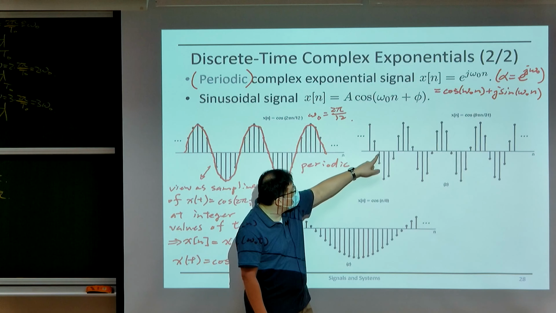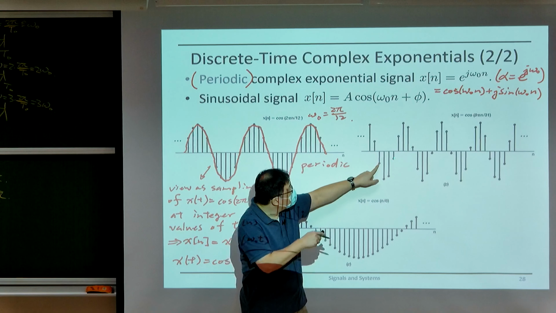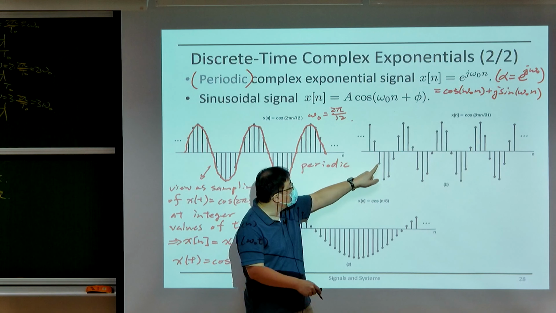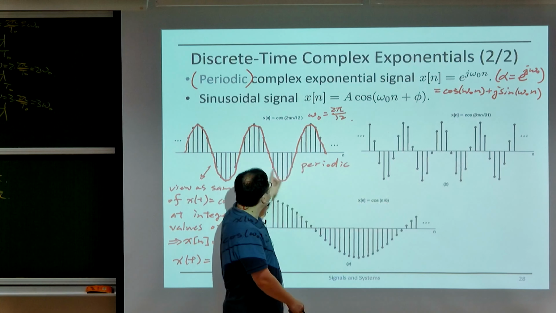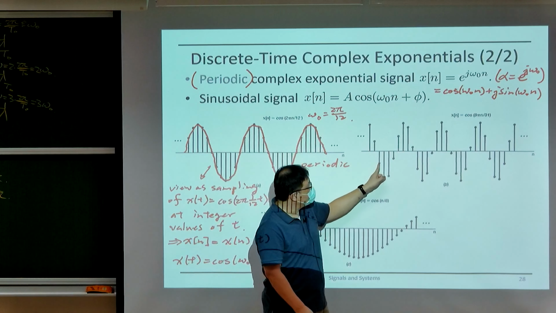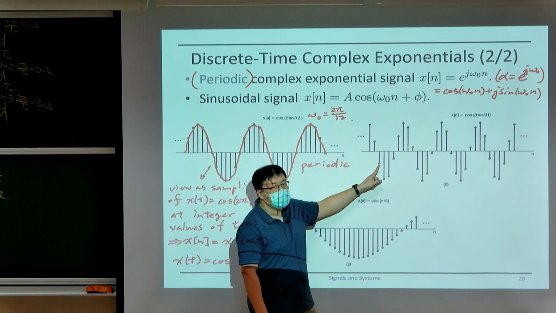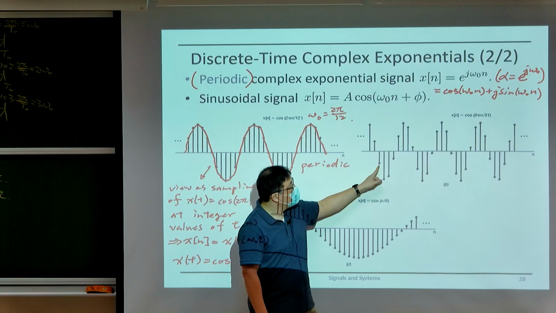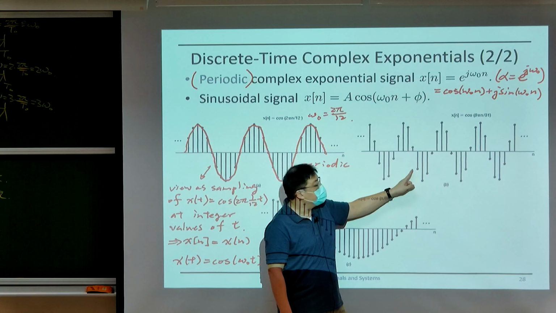Because suppose you start out with a particular point here, then when you go through one cycle of the continuous time sinusoid, you see that in the next cycle of this continuous time sinusoid, we're sampling at a value that is different from this. After one cycle, we're sampling at this value that is different.